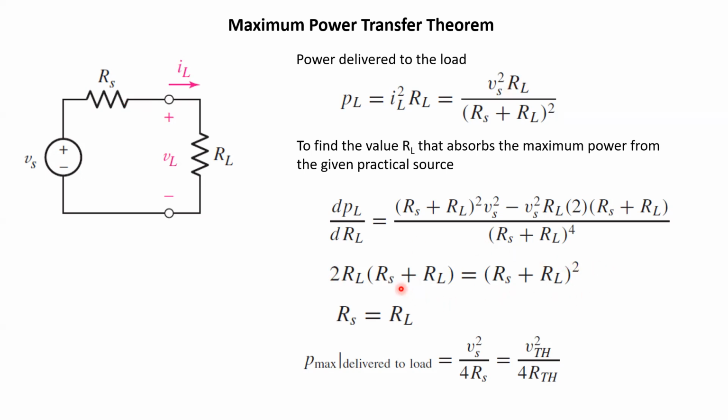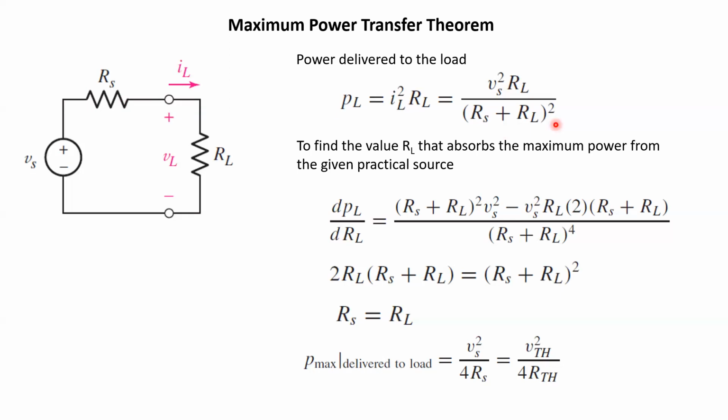Once you do that, you will be able to easily show that the RL value should be equal to the source resistance Rs. If you apply a load value equal to the source resistance Rs, that time we will be able to deliver the maximum power to the load. And that maximum power you can easily calculate after substituting RL equals Rs into this expression.